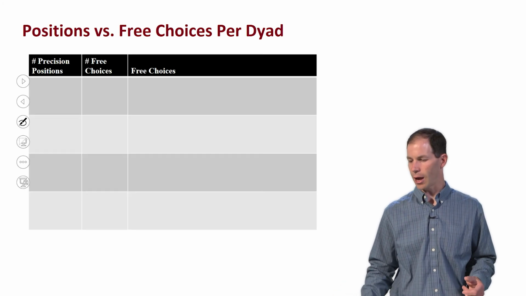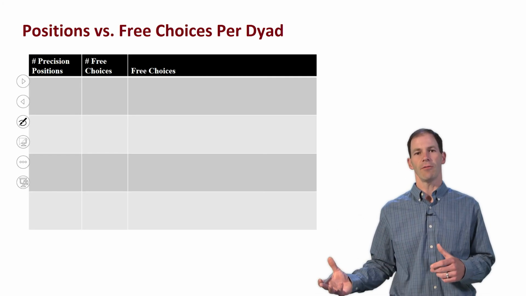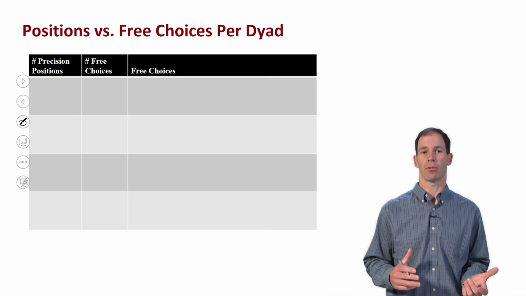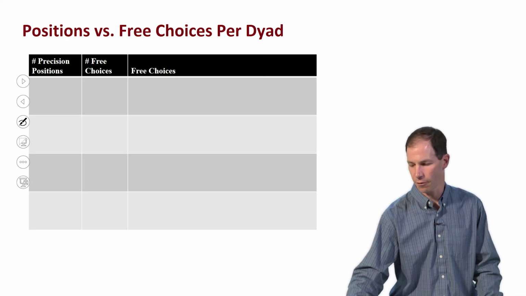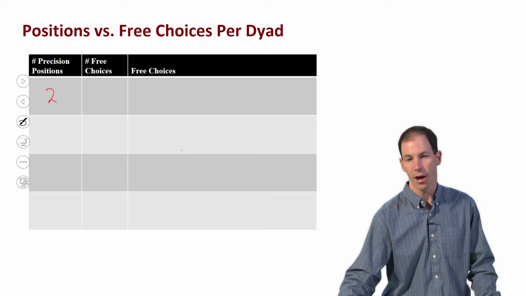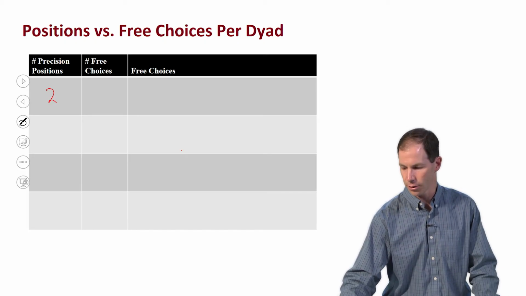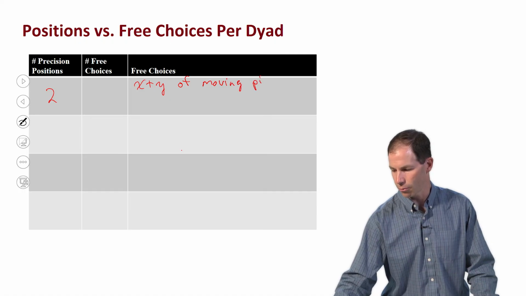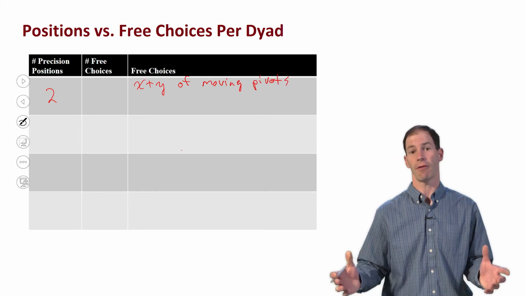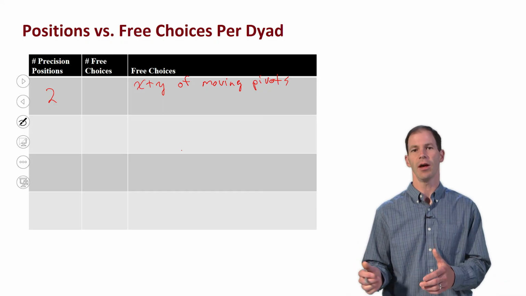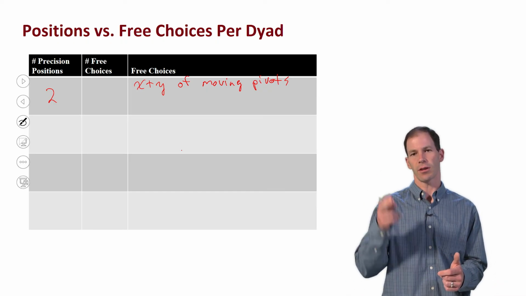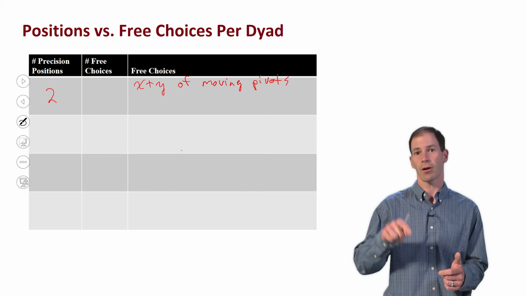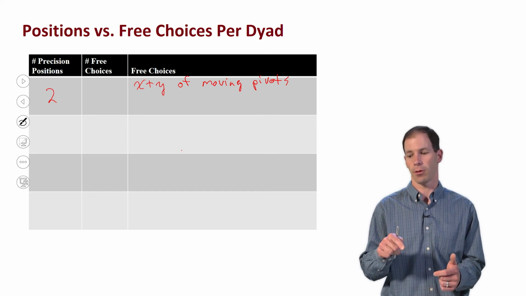So I want to take a step back and look at the influence of how many free choices versus how many precision positions we have. We started off with 2 precision positions, and my free choices in this case were the X and the Y positions of my moving pivots. If I focus on just one dyad, which is 1/2 of the mechanism, the A side, I've got the X and Y, and then I constructed that one perpendicular bisector, and I picked where I wanted my ground pivot on it.